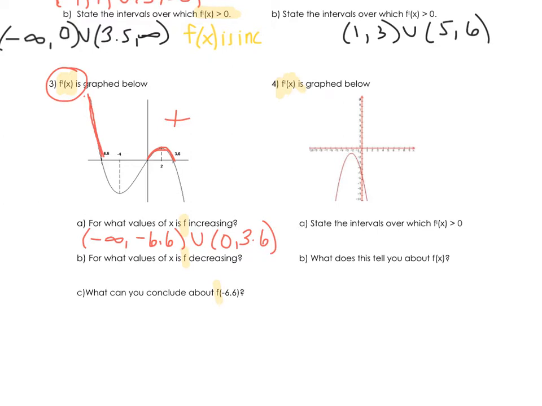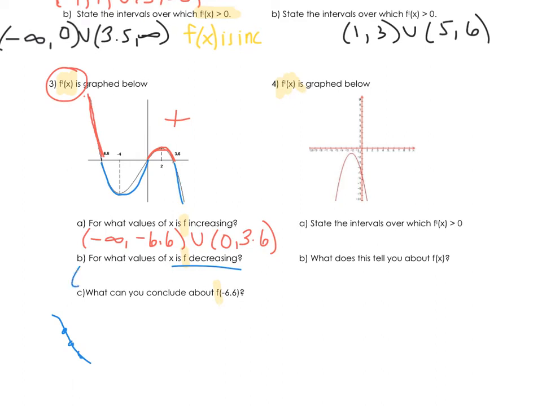So B, for what values of x is f decreasing? Well, there I'm looking for negative slopes. When the function is decreasing, I'll just draw something that's decreasing. When the function's decreasing, it has negative slopes all along here. So that's reflected in the graph of the derivative with negative numbers.